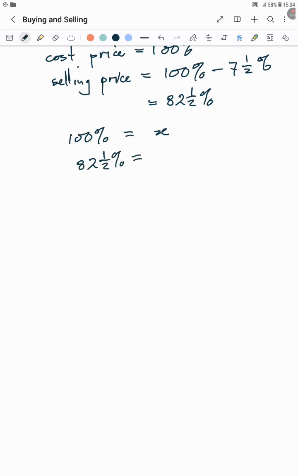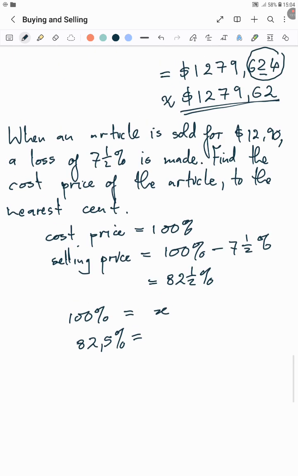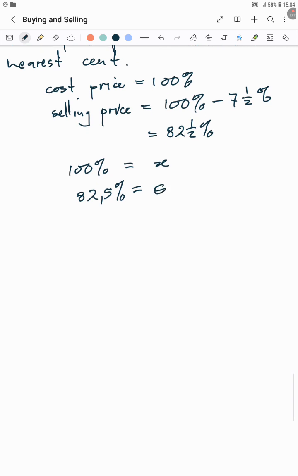We can write this as 82.5 is equal to $12.90. So if we change this into an equation, we are saying 100 over 82.5 is equal to X over $12.90.